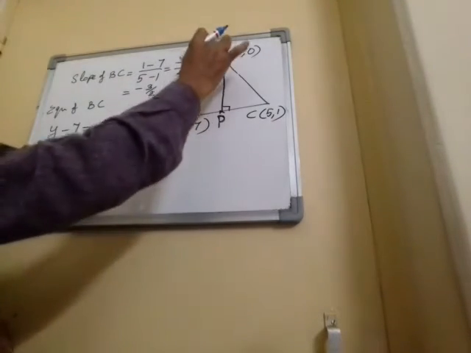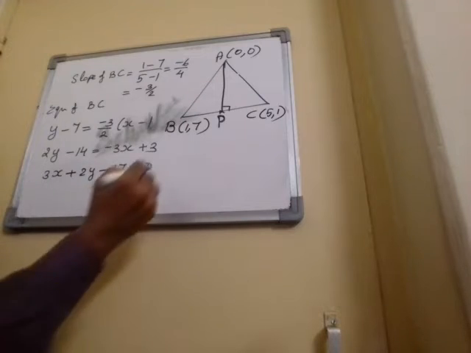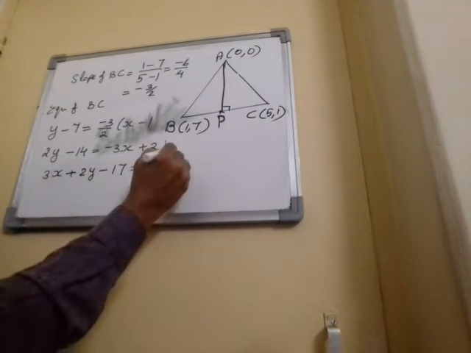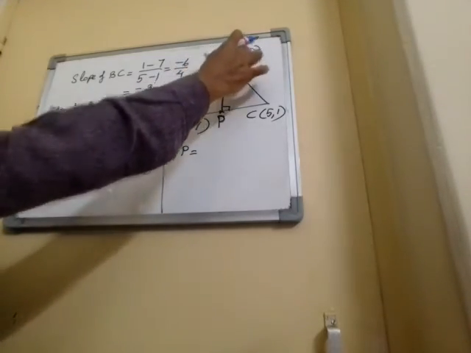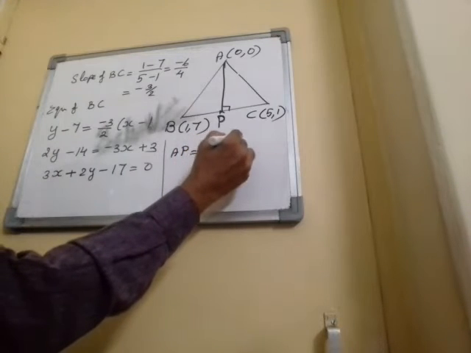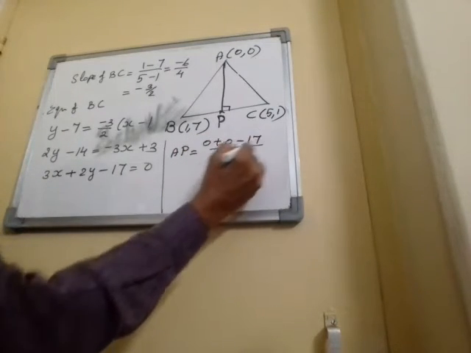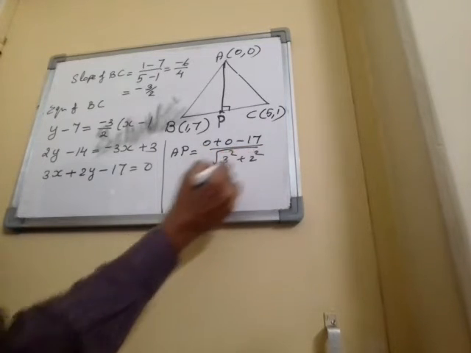Now question is to find the length AP, that means the perpendicular distance. So AP equals, first we have to put this (0, 0) in this line. So 0 plus 0 minus 17 by root of 3 square plus 2 square.